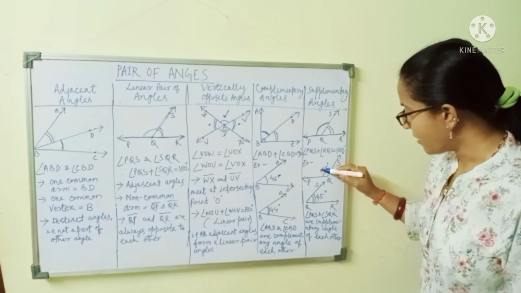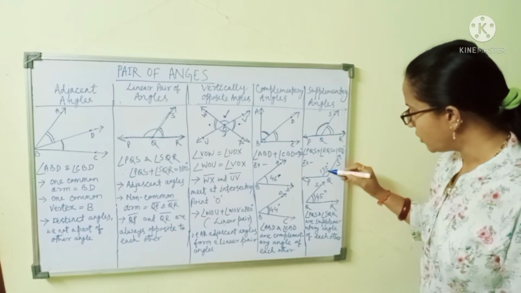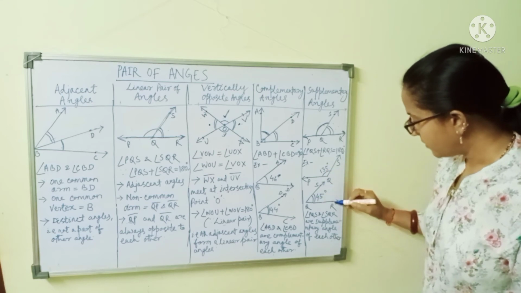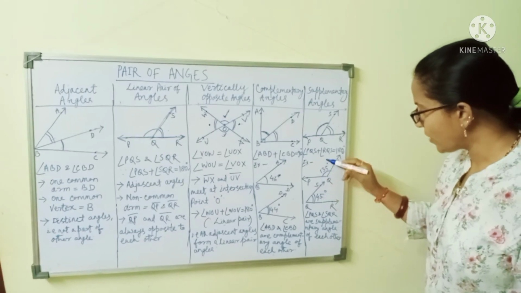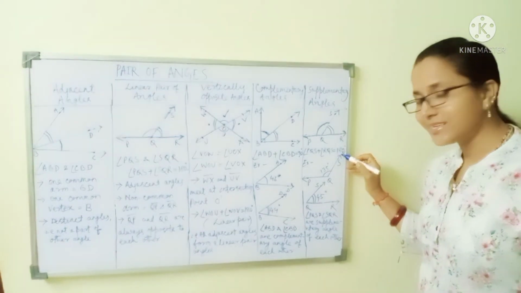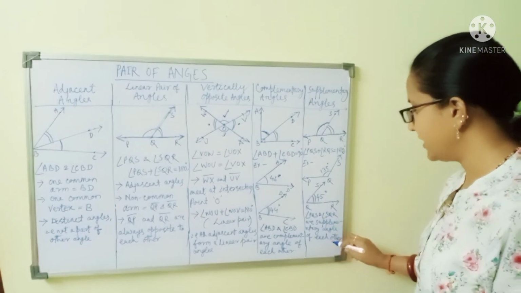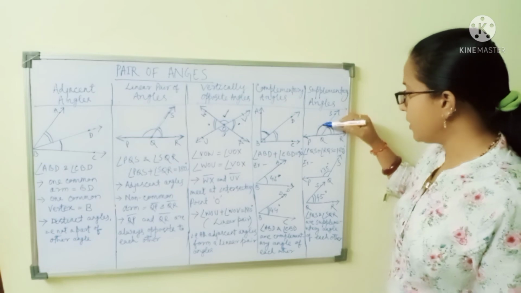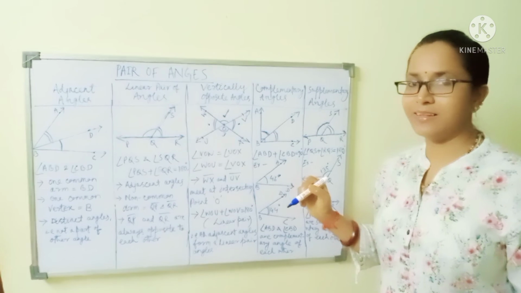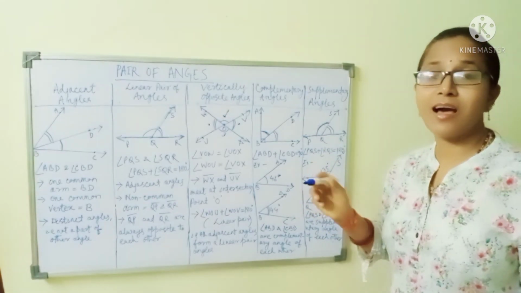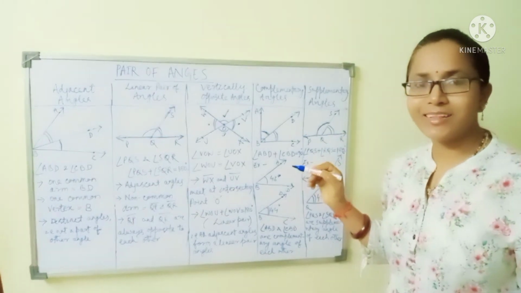For example, I have taken PQS as 135 degrees and SQR as 45 degrees. If we add these two angles, they give 180 degrees. Then these two angles are supplementary angles of each other. So all linear pairs of angles are supplementary angles, but all supplementary angles need not be linear pairs of angles.